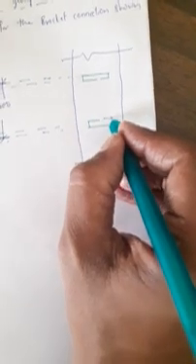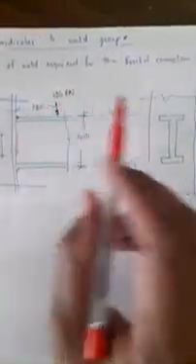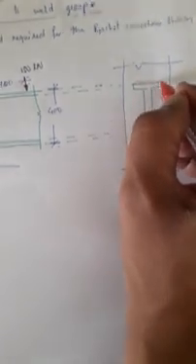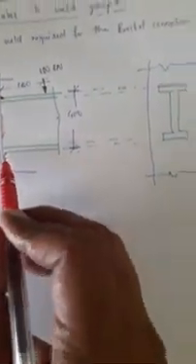This is the flange. I am going to show it here. This is the web. This weld is provided here on the flange of the beam. This weld is provided here at the bottom flange.